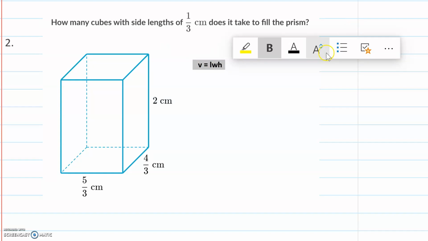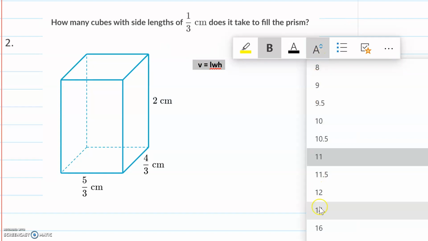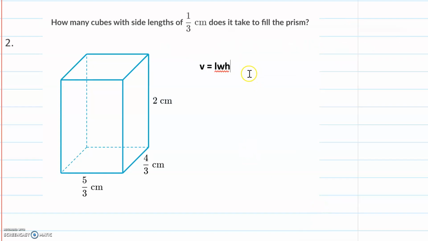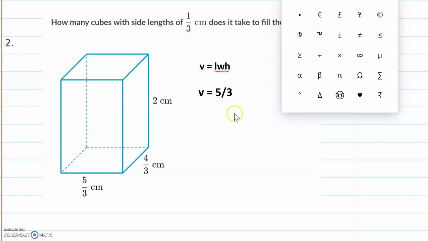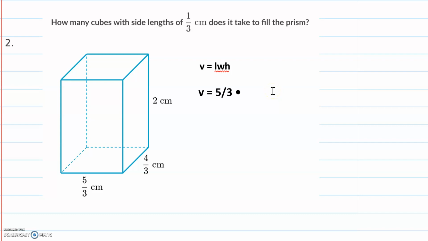And then we're going to put in the values that we're given. So for this, the volume is going to equal 5/3 times 4/3 times 2, or 2/1.